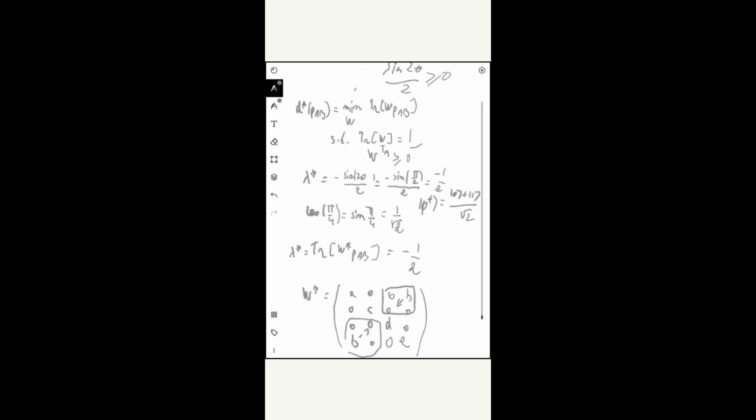And for this matrix to be semi-positive definite, we need this condition and this condition. We just note that all blocks are semi-positive definite. The diagonal elements isolated should be positive, so A should be superior to 0 and E should be superior to 0.